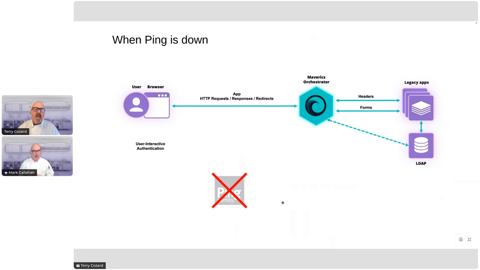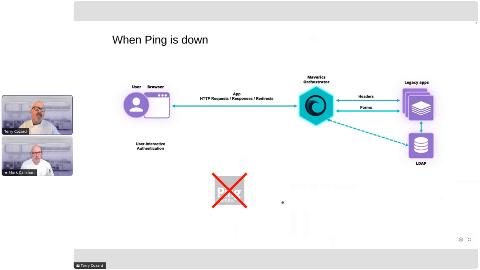What now? Yeah, absolutely. This is the beauty of orchestration: because we are a part of the user journey and the application is natively just expecting us to be available, we can make intelligent decisions based on the fact that Ping isn't there anymore. When Ping's there, everything is well and good.